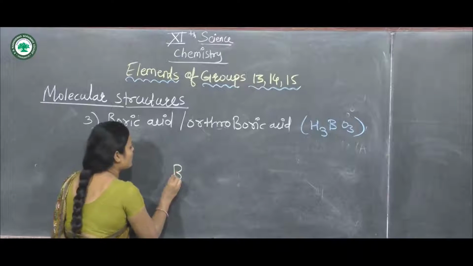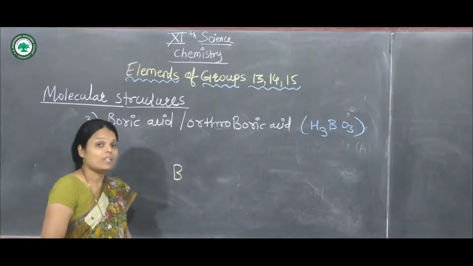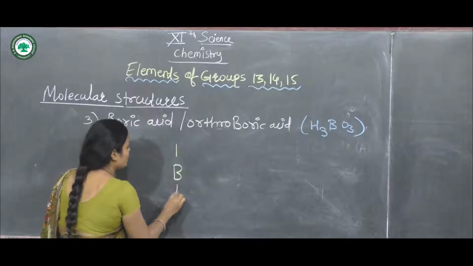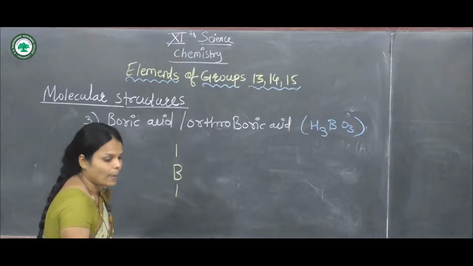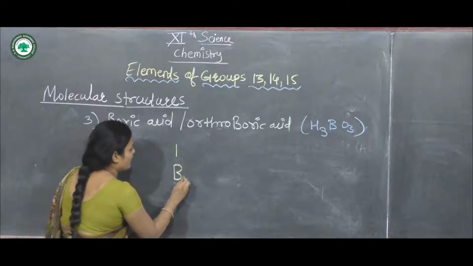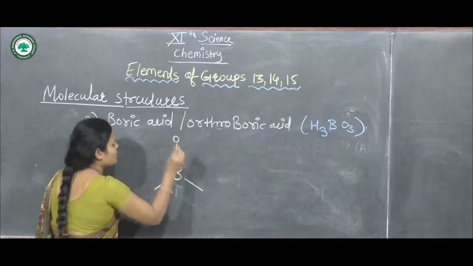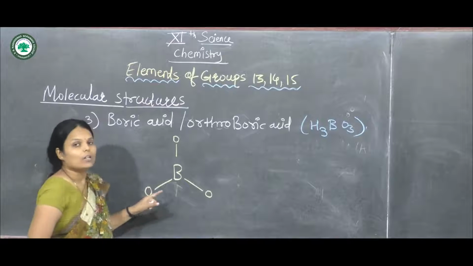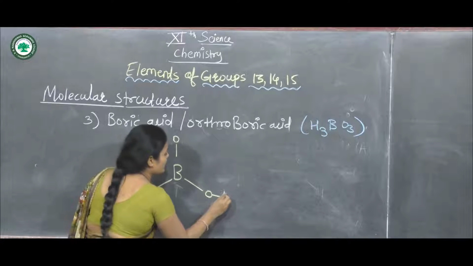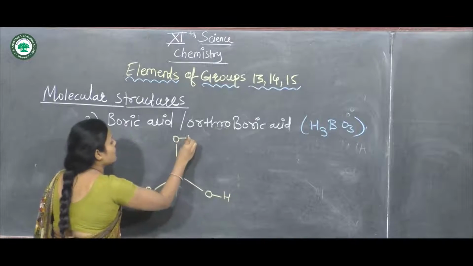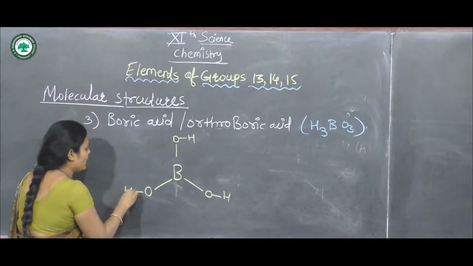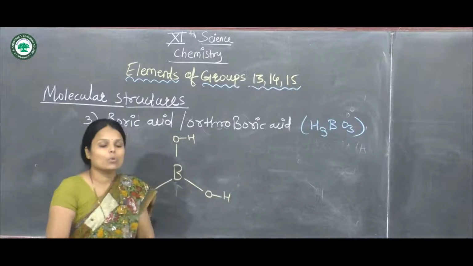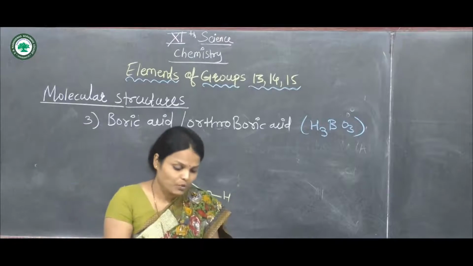Here is boron, and three oxygens are attached to this boron: here is oxygen 1, here the second and the third. Each oxygen is attached to a hydrogen atom. This is the boric acid structure, H3BO3, the formula of boric acid.